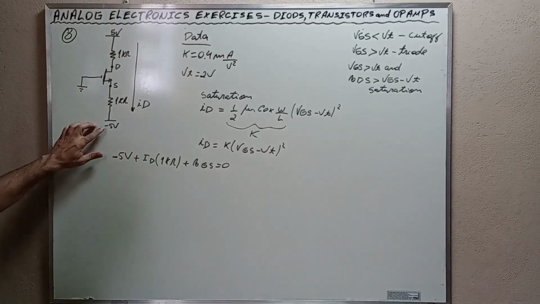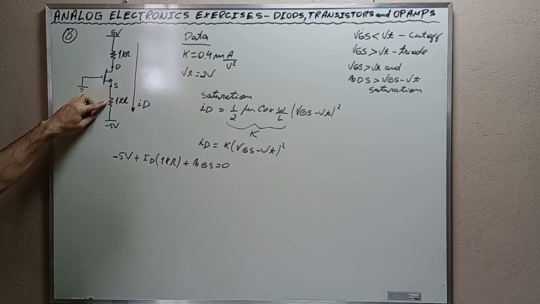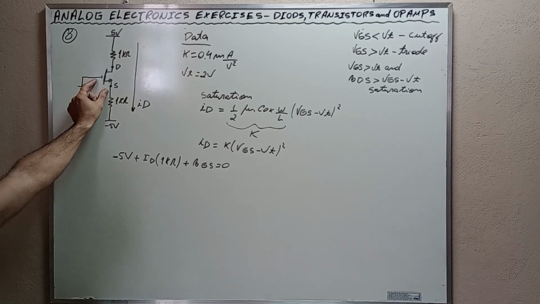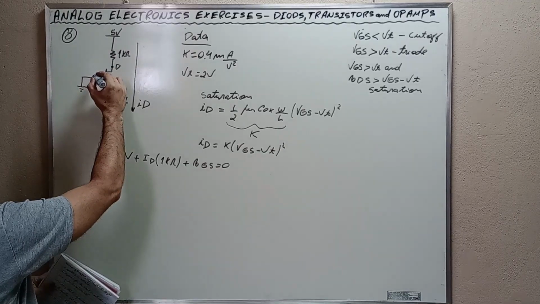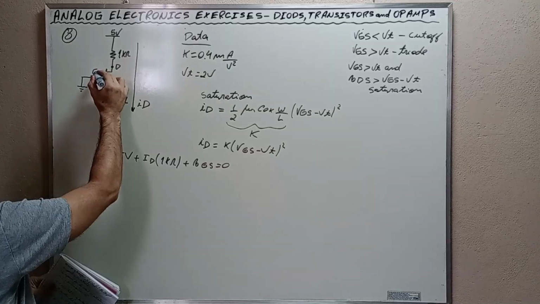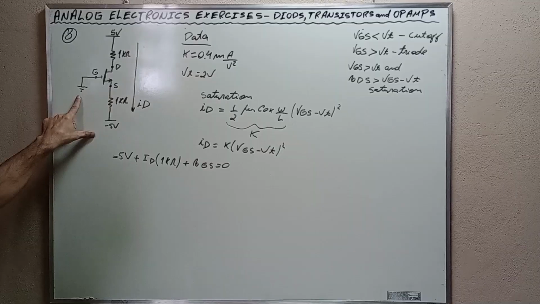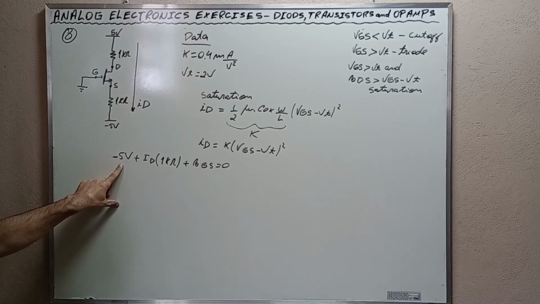Negative 5 volts plus this voltage drop, which is ID times 1 kilo ohms, plus the voltage between the source and the gate. This is the gate here. The voltage between the source and the gate is equal to 0 because the gate is grounded. Did you understand this expression?